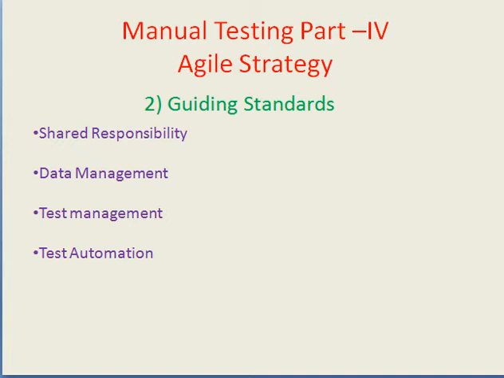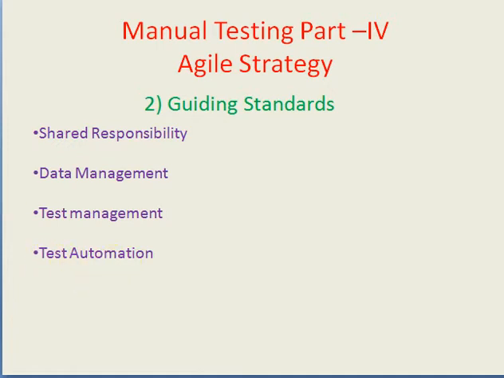Then there can be a data management standard relating to how data is managed in the project for testing purposes. Then there can be test management standards, how to look after test artifacts like test cases, code, any test documents. Then there can be test automation standards like we will automate each of the unit tests, functional tests, regression tests, etc. as far as feasible.